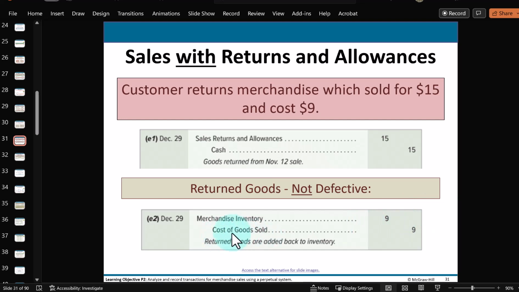Notice we're reducing the cost of goods sold expense here with a credit. So again, whenever you have a customer returning merchandise back, there are probably going to be two journal entries. One for the refund or the credit, reducing the amount collectible. Again, notice using this new account called sales returns and allowances. And the other to put back the inventory itself into the merchandise inventory asset and reducing the cost of goods sold expense.